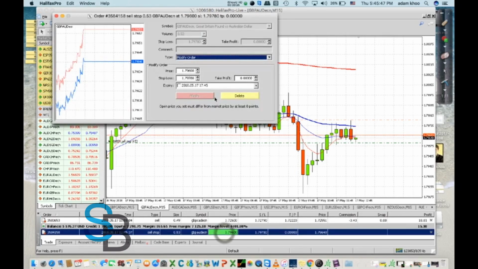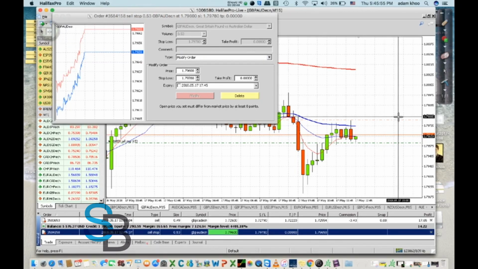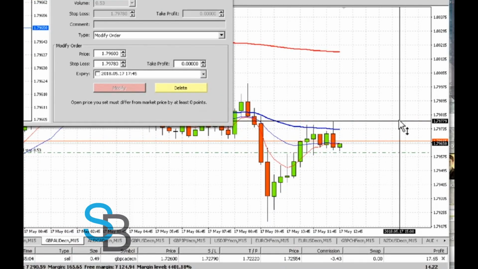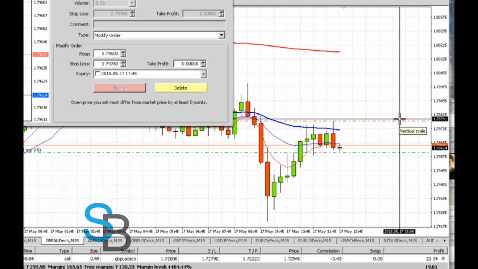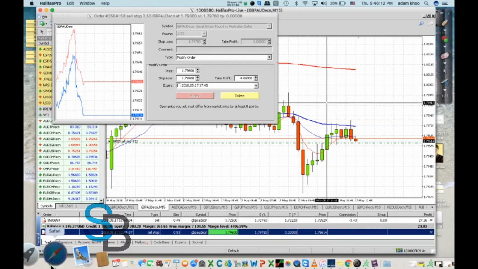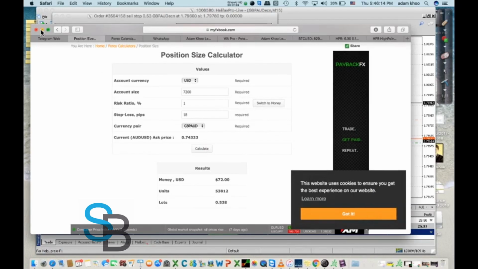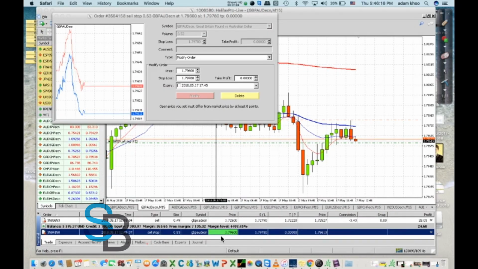Double check my order. Okay, so my entry is below the low of this candle, 1.7960. And again, let me just double check. My stop loss would be, actually, I'll just give it another pip, 1.7979. Just do it rough. So it's 18 pips above my entry.